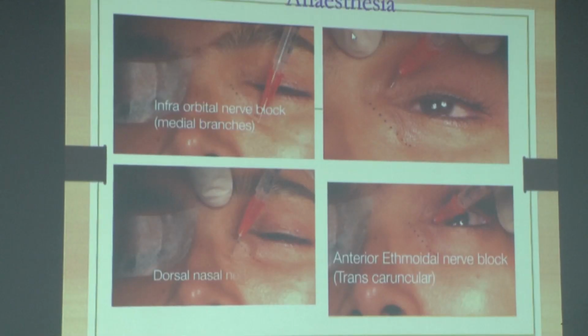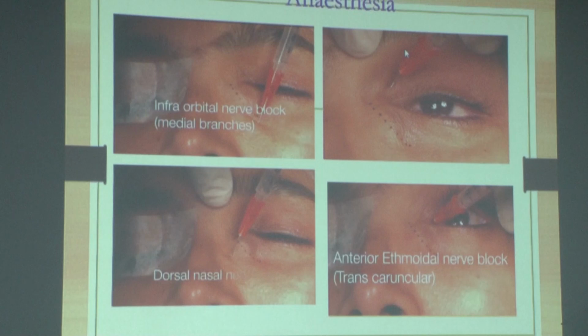Without going into the details of the names of the various nerves, you have to block inferior to the sac. This will block the infraorbital nerve, and you inject sufficient bupivacaine and xylocaine mix here.